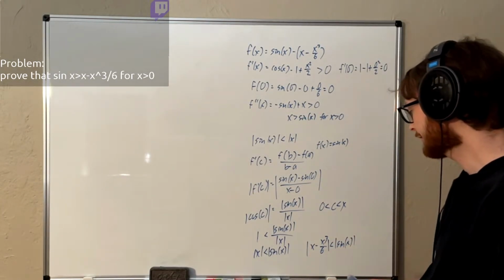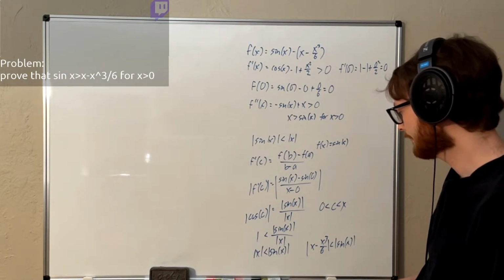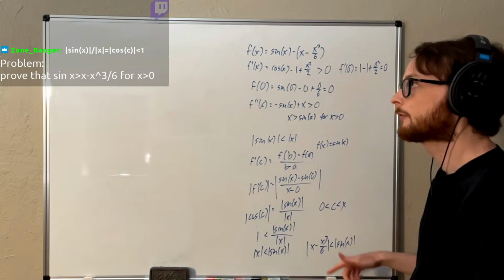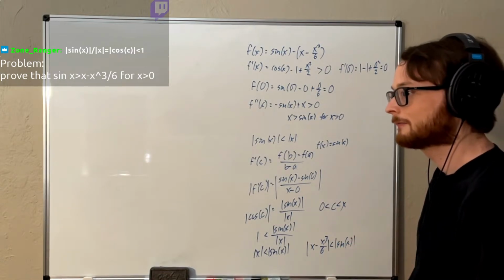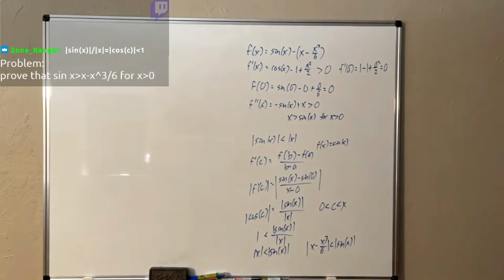And we're only really concerned with where both these are positive anyway. And we're only really concerned with small values of x. For big values of x, it's quote unquote trivial.